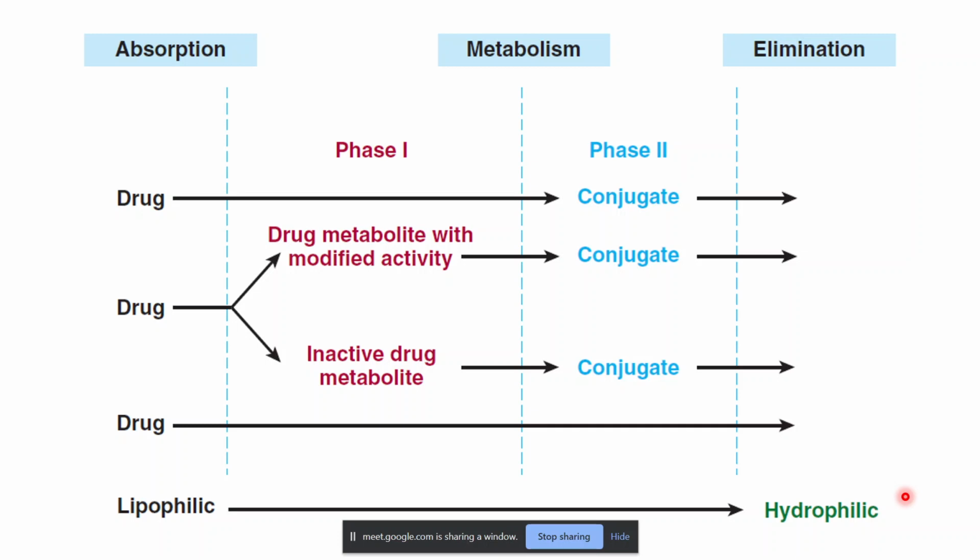And the smooth endoplasmatic reticulum contains enzymes that are called the mixed function oxidases or monooxygenases. These enzymes require the NADPH and molecular oxygen, and usually one molecule of oxygen is consumed per reaction.